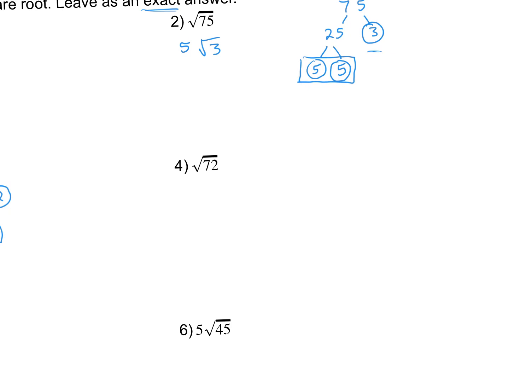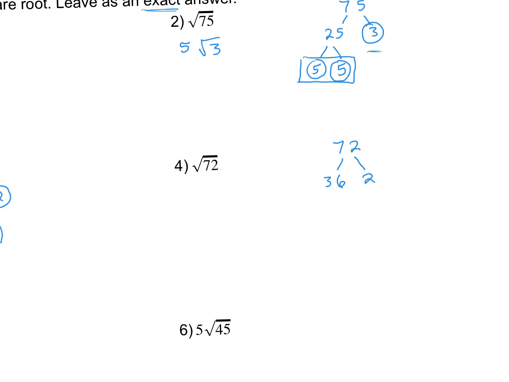Let's try root 72. It is a decimal, so I'm going to break this up using my tree. 72, I'm going to divide it by 2 because it's the easiest one to divide by. So 2 times 36.